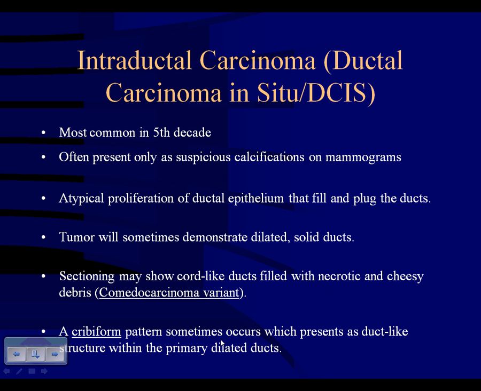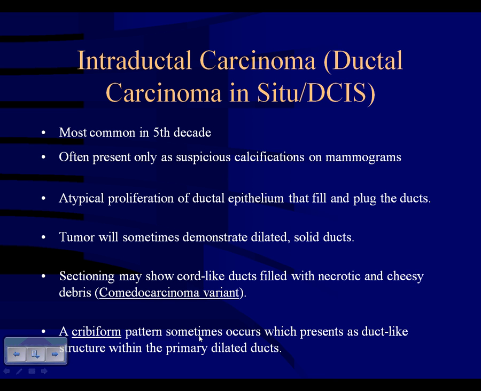And what it looks like is ducts that are showing a typical proliferation of the epithelium within the expanded and plugged ducts. The ducts are usually dilated and expanded and show this solid proliferation of tumor cells. Now, there is a variety of DCIS called comedocarcinoma that is an intraductal variety.